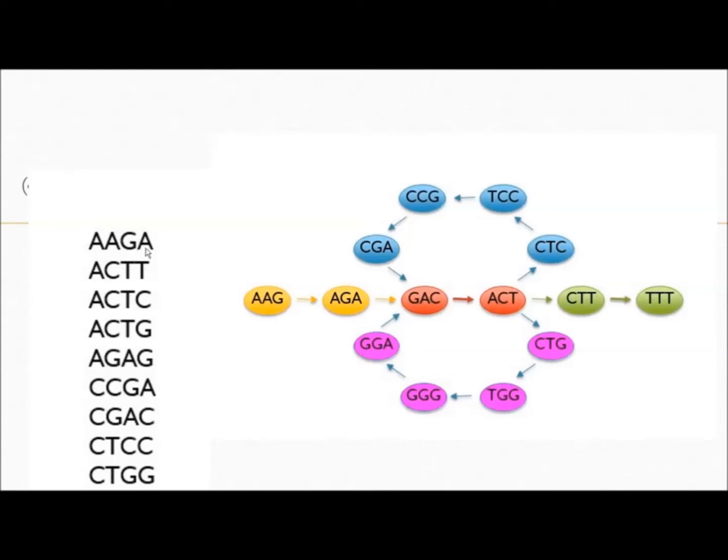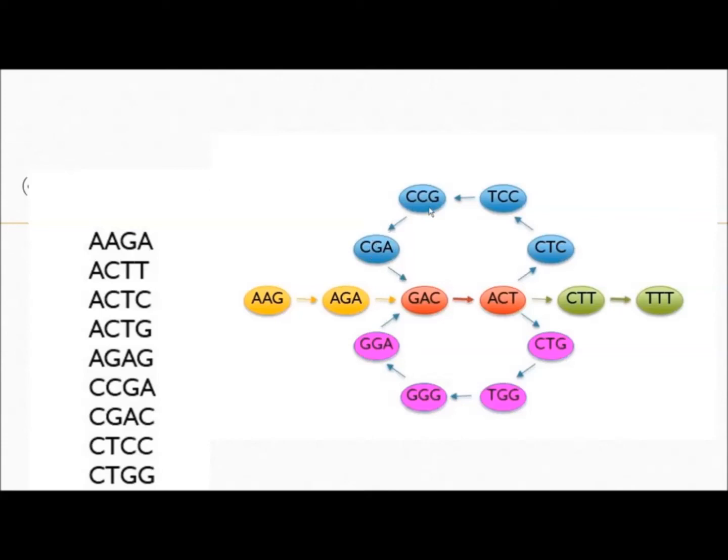This AG is the same as this AG or this AG. Then you have a GA, which you might say is coincidental with this GA or this GA. And what you're seeing in this De Bruijn graph is all kinds of these options, right? So you go this direction, but now this GA can come from the GAC, but it can also come from the CGA. Okay, so that feeds into there.